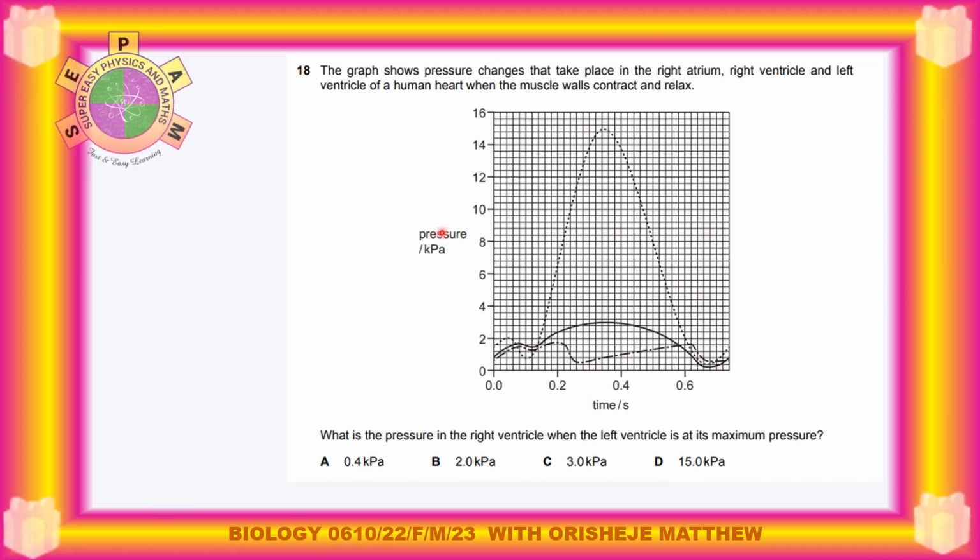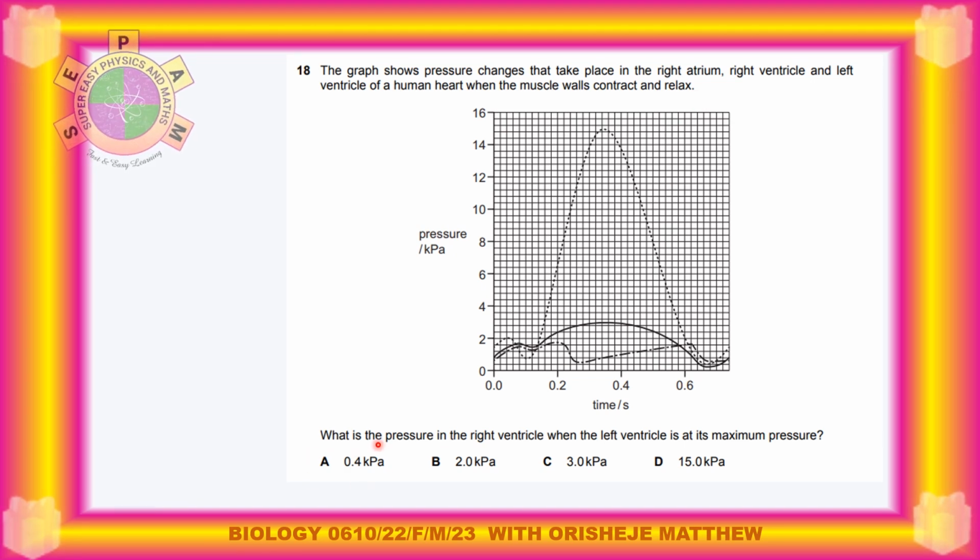Question 18. The graph shows the pressure changes that take place in the right atrium, the right ventricle and the left ventricle of a human heart when the muscle wall contracts and relaxes.